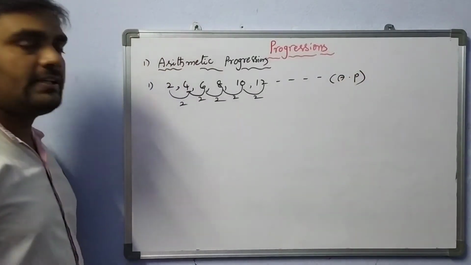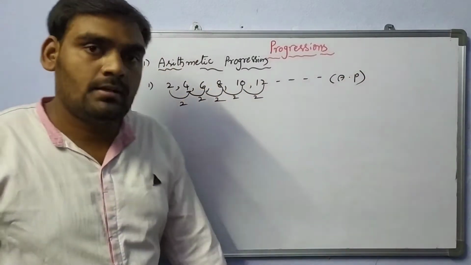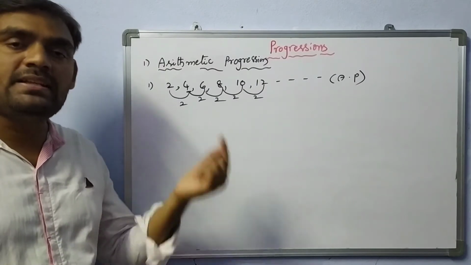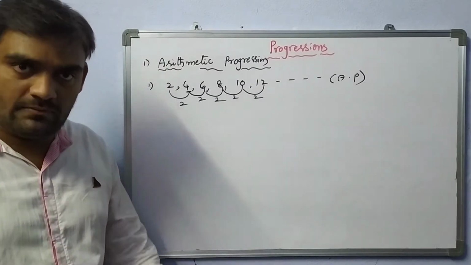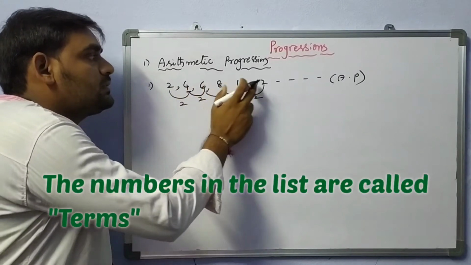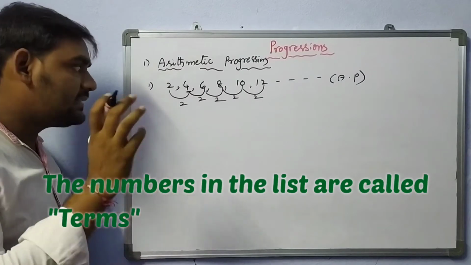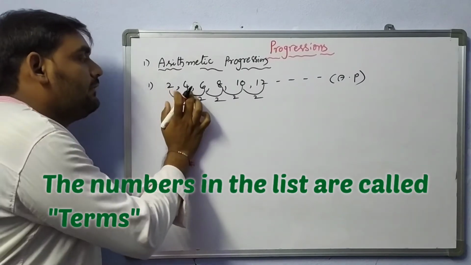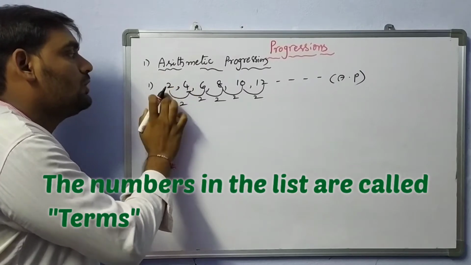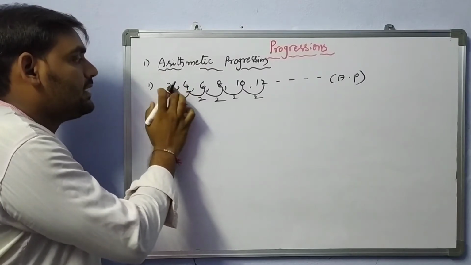A sequence is said to be an arithmetic progression if the difference of each term with its previous term is constant except the first one. See, except the first one, all the remaining terms satisfy the same difference with their preceding terms. See here 4. What is the preceding term of 4? That is 2. What is the difference here? 2.